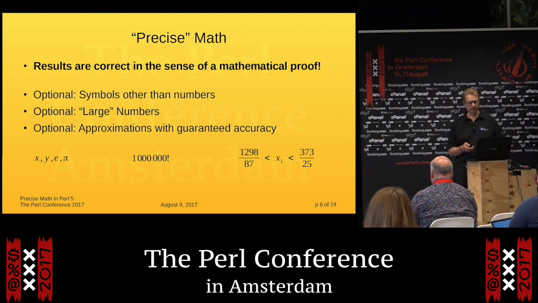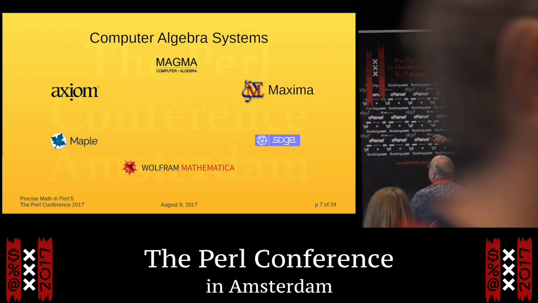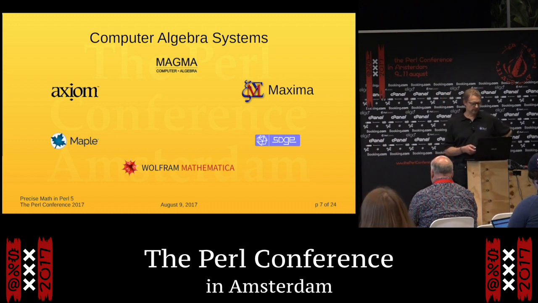The larger systems of this kind we call computer algebra systems. There are more than I've noted here. What is special to them is usually you have to pay to use them.